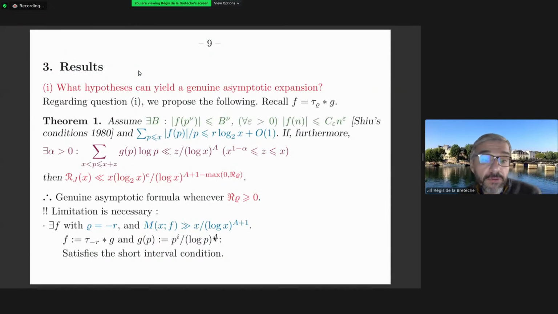And of course, G satisfies the short interval conditions.